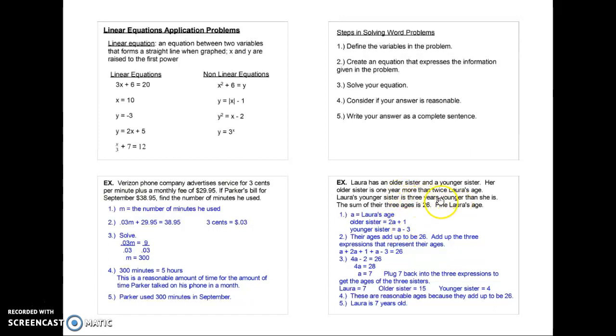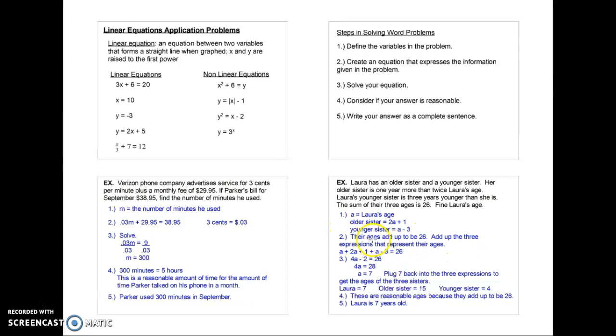Now, the younger sister we were told was 3 years younger than she is. So if Laura's age is A, and her younger sister is 3 years younger than her, I would take her age and I would subtract 3. Okay. Now, their ages added up to be 26. So now that I have an expression for each of the sisters, I need to set up my equation in step number 2.